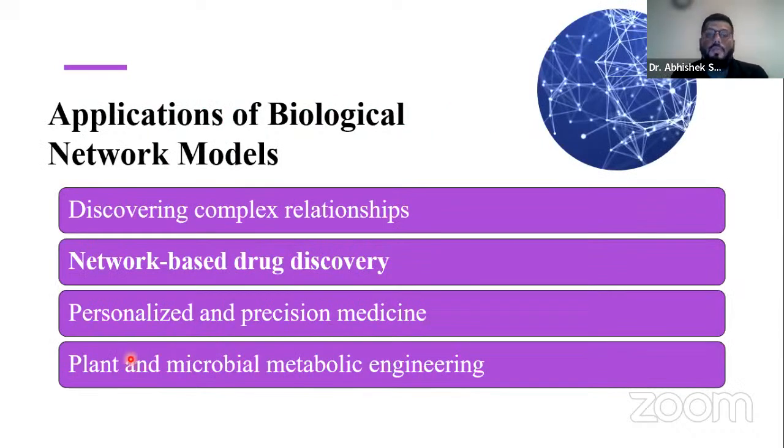Then applications of biological network models are manifold, right? So you can use it in any field of biological sciences, starting from bioprocess technology or metabolic engineering, then in biomedical applications like network-based drug discovery, discovering personalized and precision medicine, right?